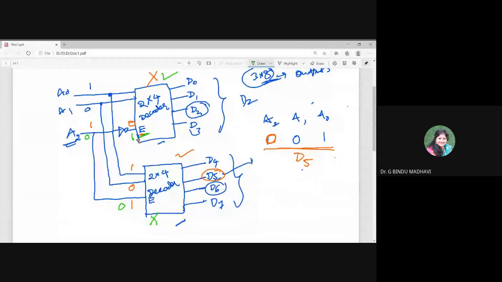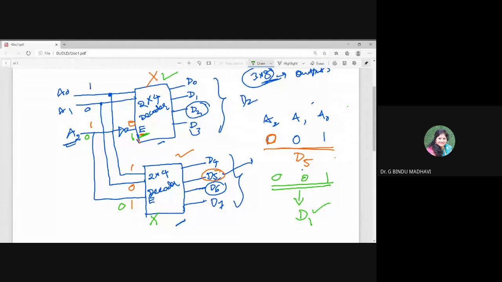So A2 value is 0, A1 equal to 0, and A0 equal to 1. 001. Which output is active? D1. 001 means D1 will be in the active mode.